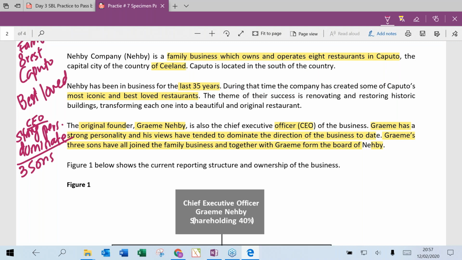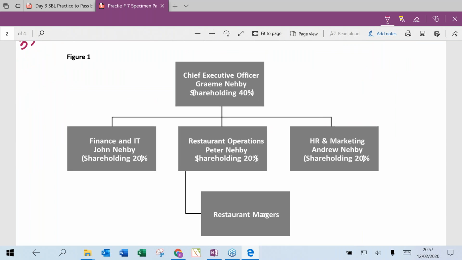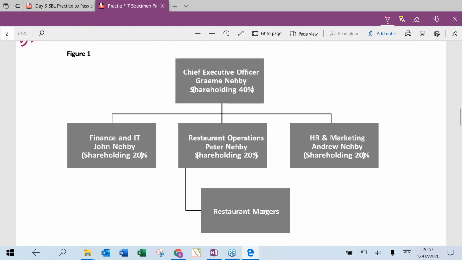Figure 1 below shows the current reporting structure and ownership of the business. So Chief Executive Officer is Graham Nabi, shareholding is 40%. He is the CEO and the founding member as well, right? And then Finance and IT is John Nabi, shareholding 20%, okay?